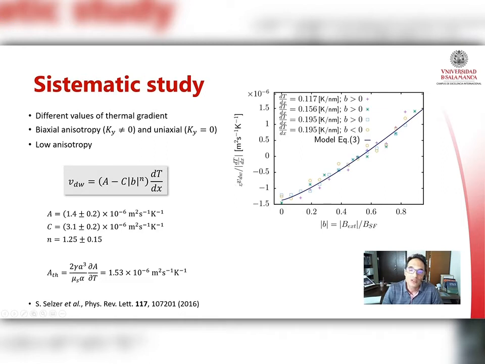Moreover, if we plot the velocity divided by the strength of the thermal gradient, we see that all the data tend to fall within the same curve. And this is indicating that the force that we have identified is proportional to the thermal gradient, which of course makes sense.